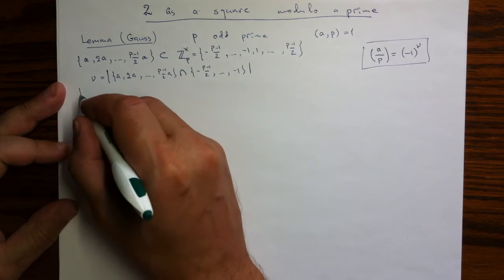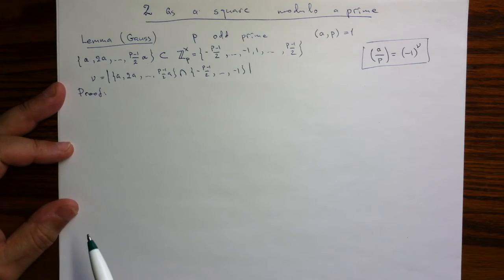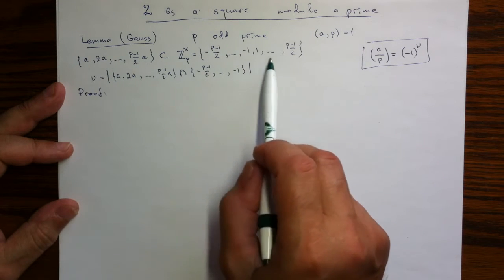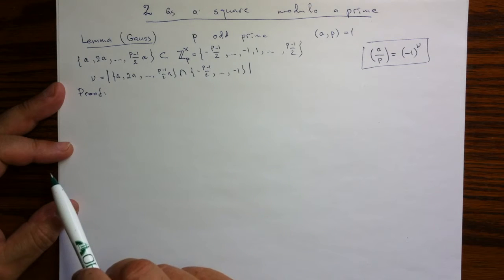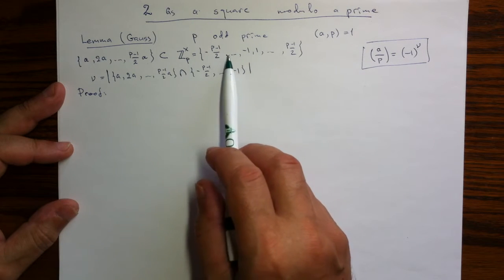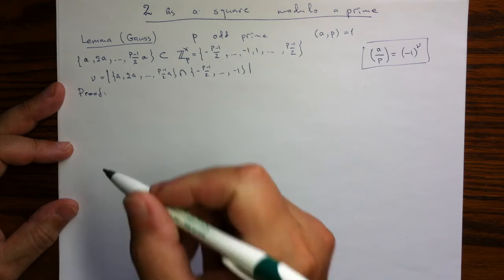So to prove this, let's first observe that when these numbers are written in this remainder range, they will be all different in the absolute values of those remainders. So disregarding the signs, they will still be all different.